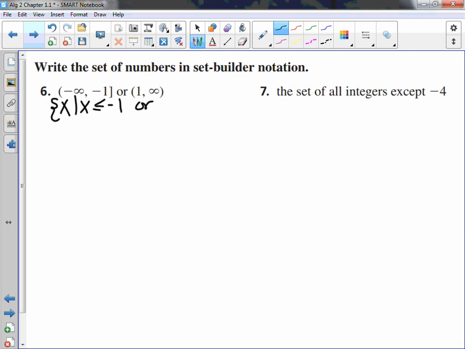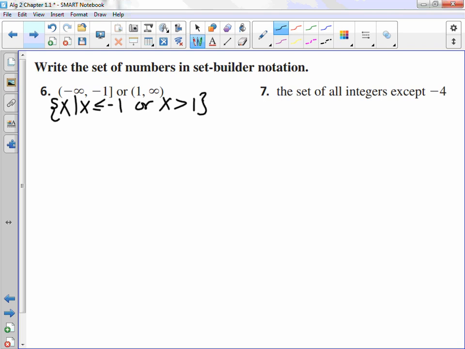Everything greater than 1, yes? So this would be x is greater than 1. Any questions on this here? We good with this here?